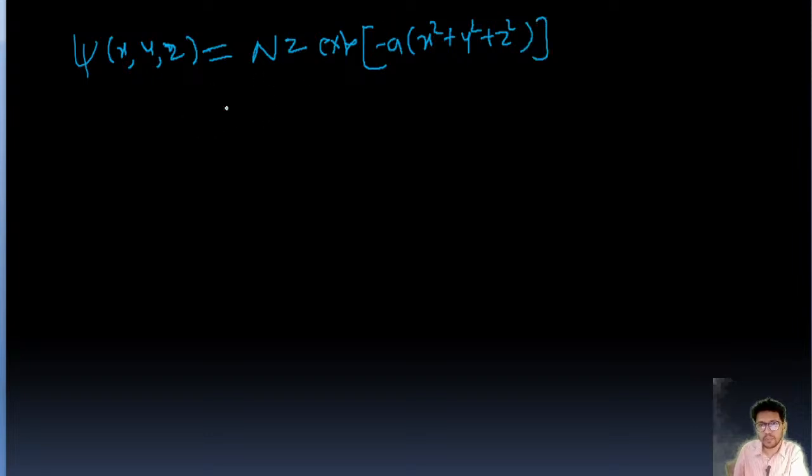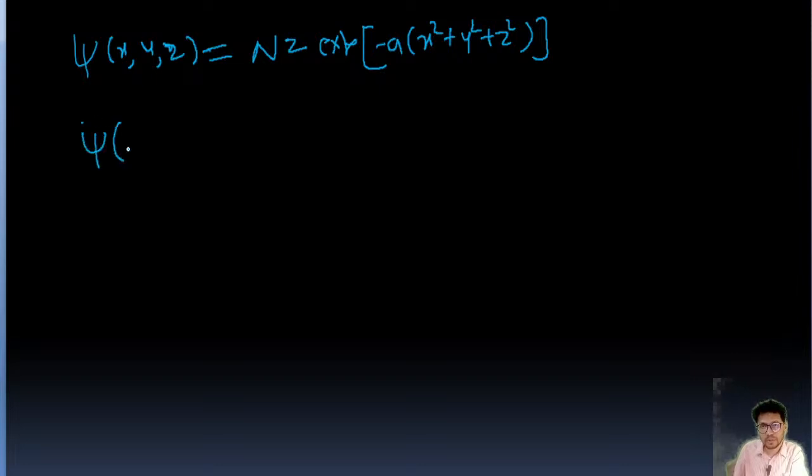Okay, now we'll convert it into the spherical coordinate system. This wave function we will convert into the spherical coordinate system, because as of now it is in the Cartesian coordinate system.